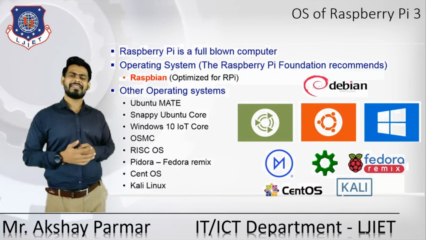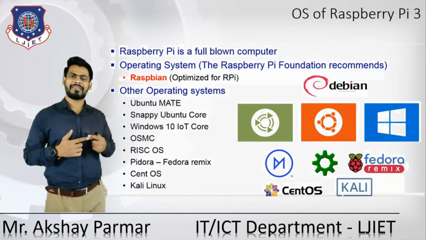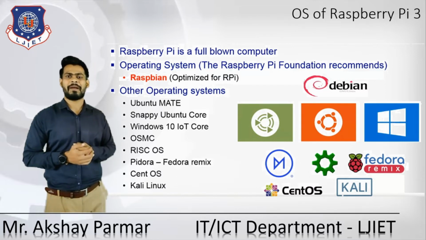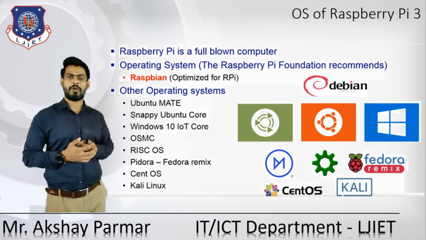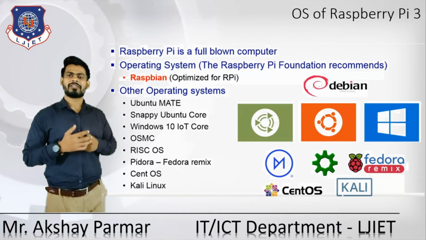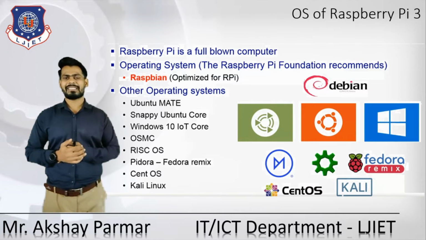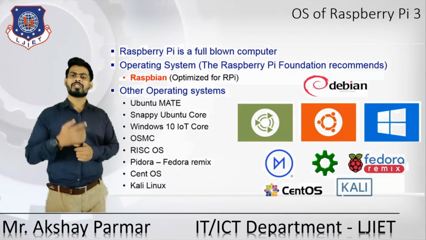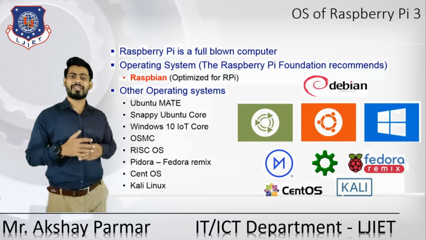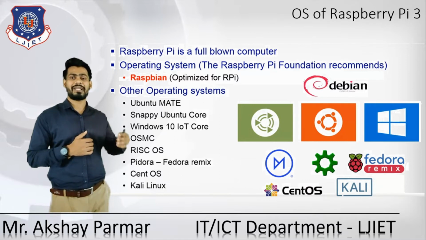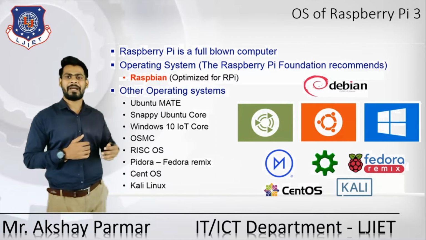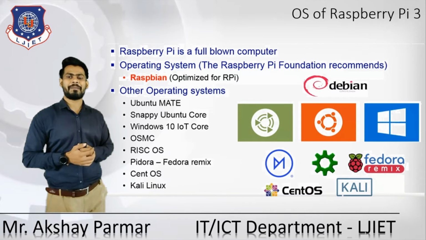After that, let's see which operating systems we can embed on the Raspberry Pi. There are several options available which we can deploy. The Raspberry Pi is a full-blown computer, so obviously it has an operating system. The Raspberry Pi Foundation recommends the Raspbian operating system, which is optimized for RPis.